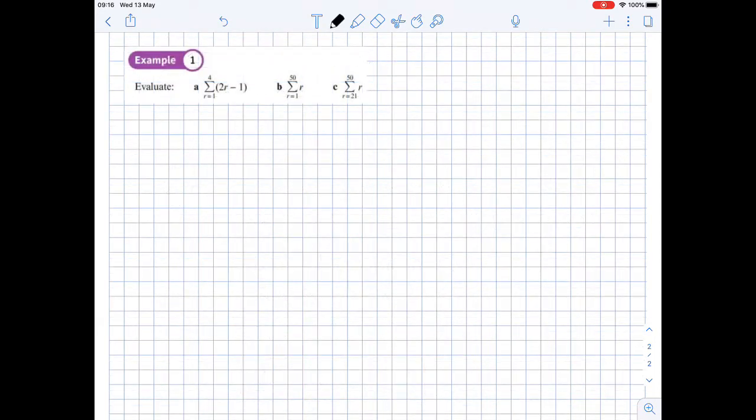Example 1. In part A, we want to evaluate the sum of the first 4 terms using the rule 2r minus 1. So to do this, when r is 1, 2 times 1 minus 1, so that is equal to 1. The second term, 2 times 2 minus 1, so that is 3.